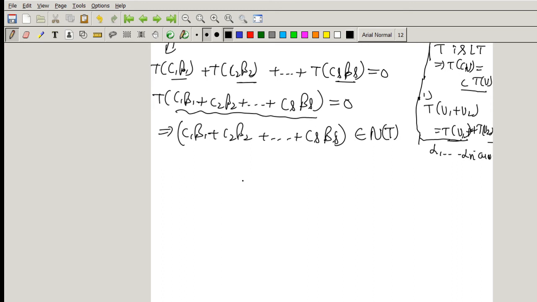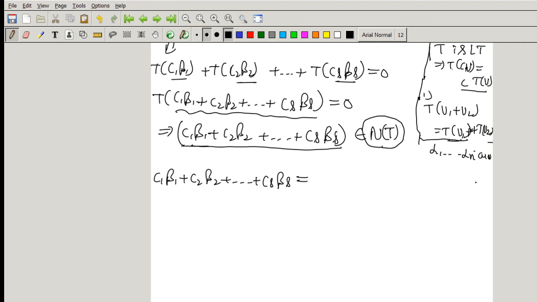Therefore, the element c1 β1 + c2 β2 + ... + cs βs is an element in N(T), and it can also be written as a linear combination of the basis elements of this set.